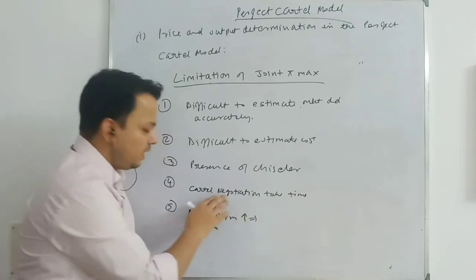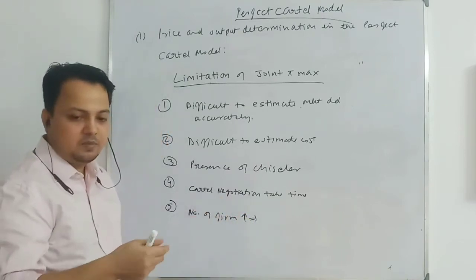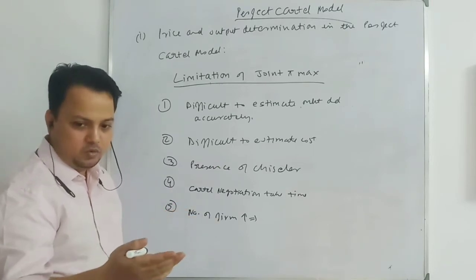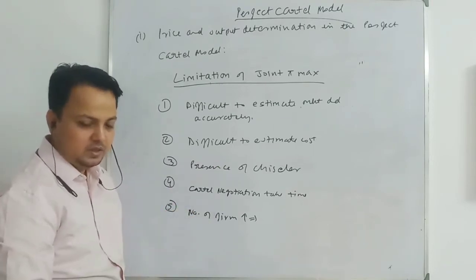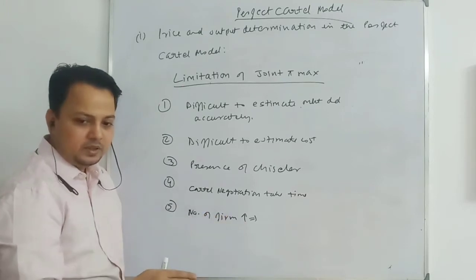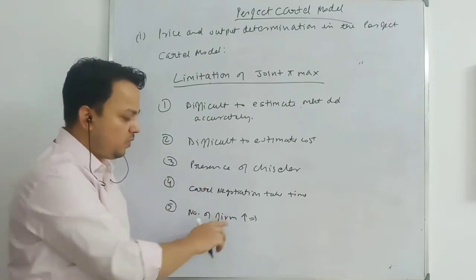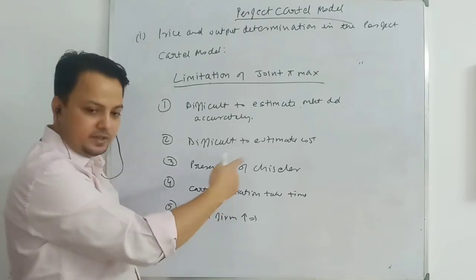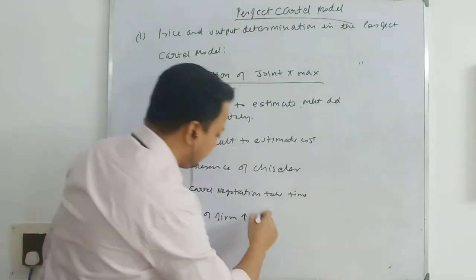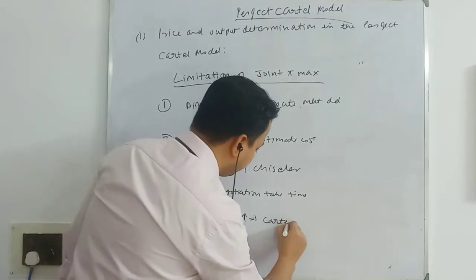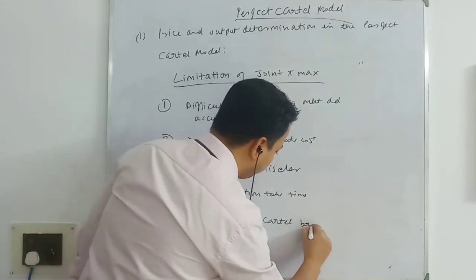When the number of firms increases, the cartel that you have can be of no use, because the new firm can charge a lower price and capture market share. Because cartel negotiation takes time, this cartel or collusion will break down.